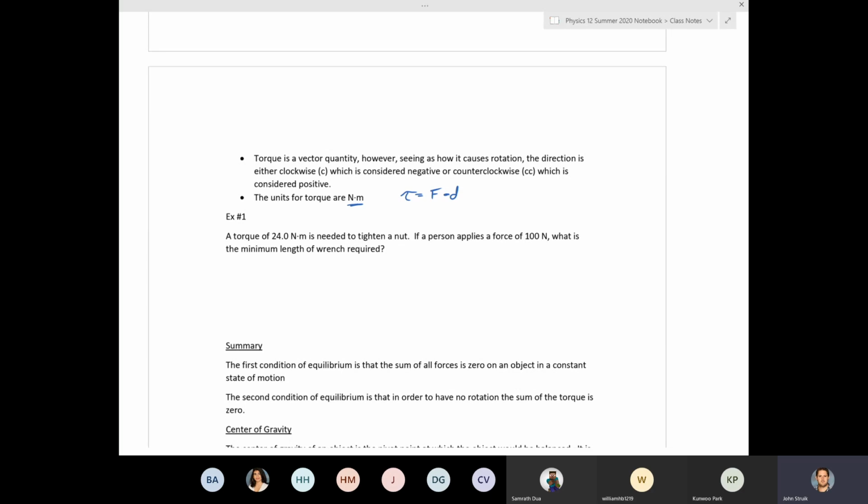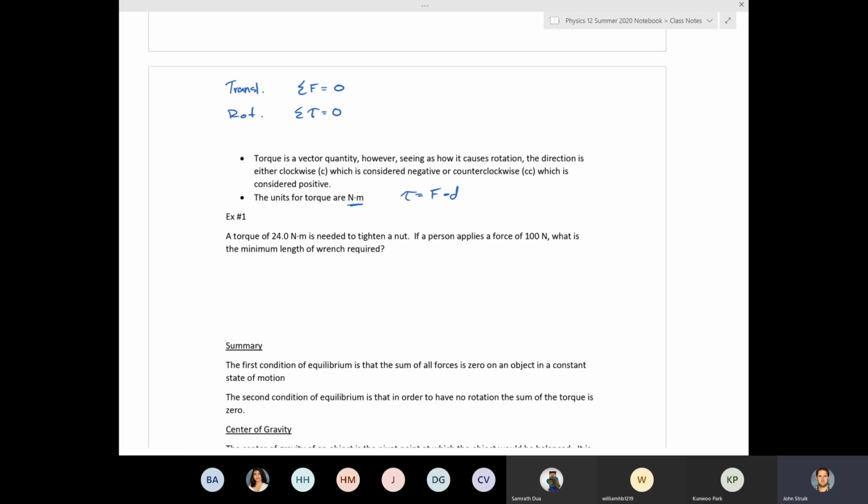The condition of translational equilibrium is that the sum of the forces has to equal 0. For rotational, the sum of the torques has to equal 0. Torque is represented by the Greek letter tau.